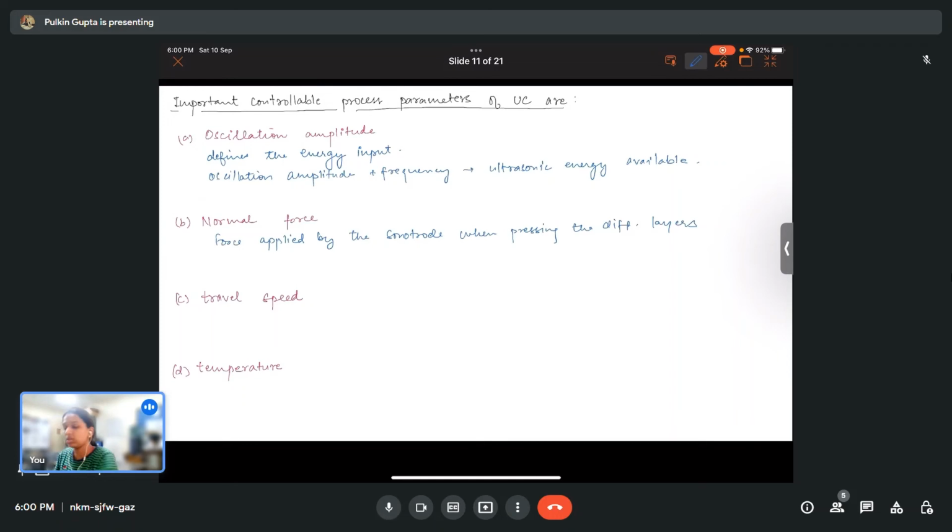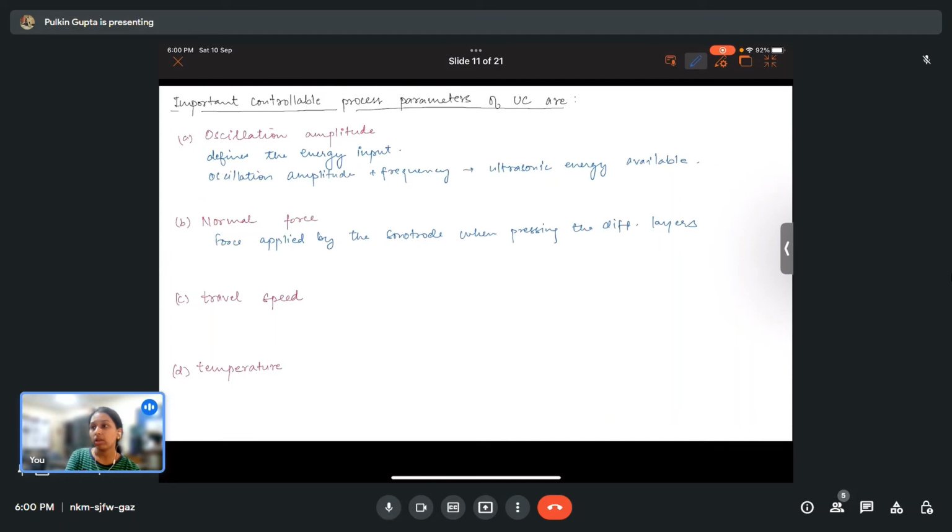So this sonotron is rolling over these multiple layers and applying force. A particular threshold force is required, which helps in proper consolidation of the different layers. So that force criterion should be met to have proper consolidation.